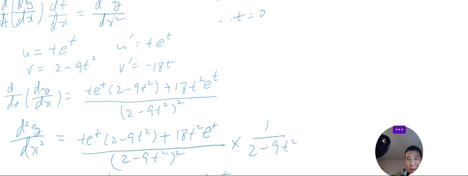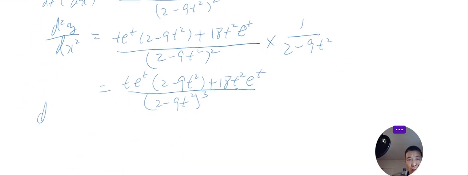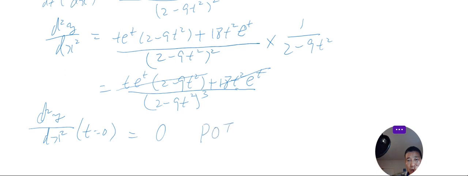Do you remember? When t is 0, that is a stationary point. So obviously that becomes 0, isn't it? And that is 0 as well. Fortunately, the denominator is not 0. So it turns out 0, which is a point of inflection.